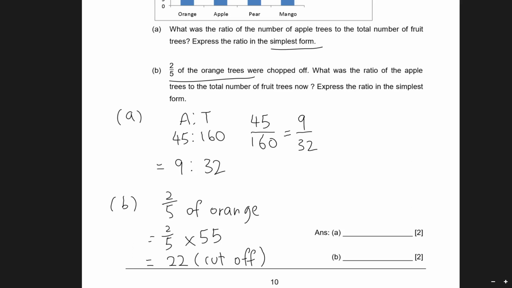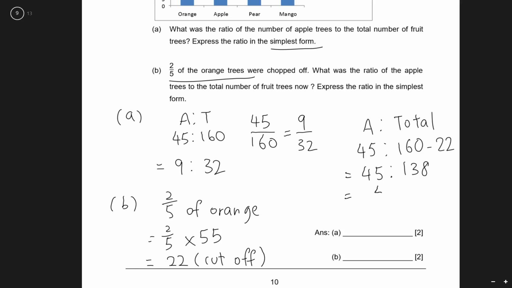Okay. What is the ratio of the apple to the total now? Now apple doesn't change, right? Apple, it is still 45. Now the problem comes in with total. The total was supposed to be 160. But because you have chopped off 22 oranges, it's no longer 160. It is lesser than 160. So with a calculator, I calculated 138.